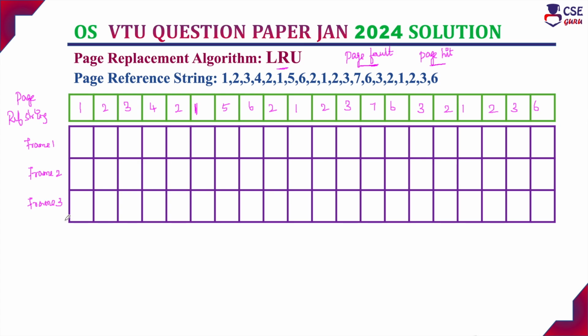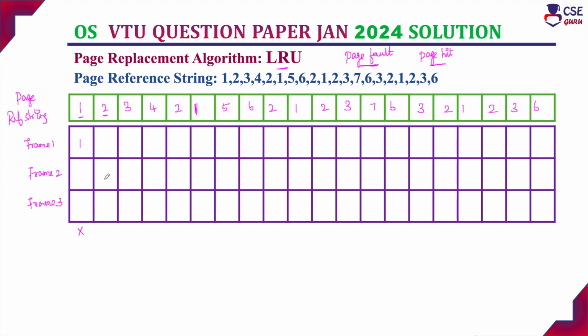Whichever page it requires, obviously you need to swap in from the secondary memory to main memory. Here only 3 frames are available. The first reference string is 1, this page is not available. Consider this as a page fault. Page fault, you have to use this cross mark. So bring it into main memory, that is swap in.